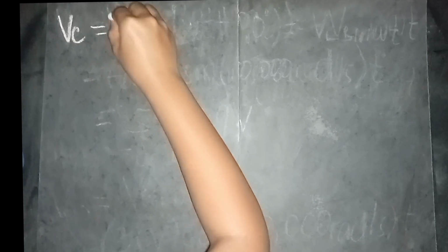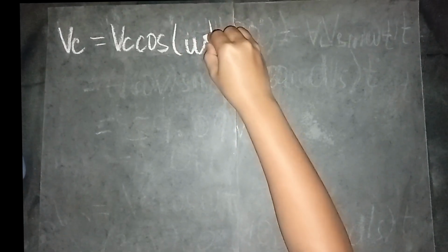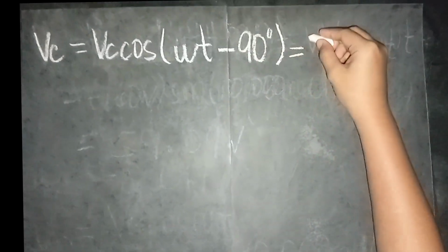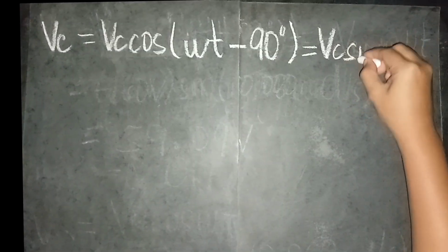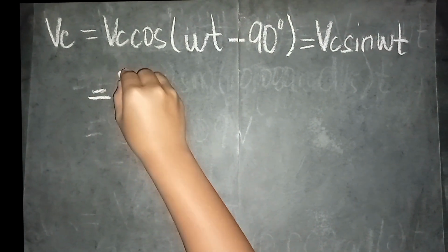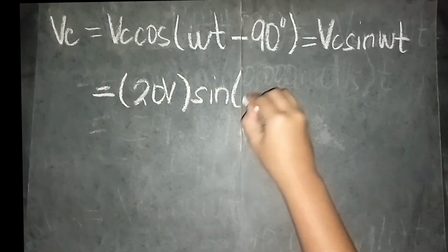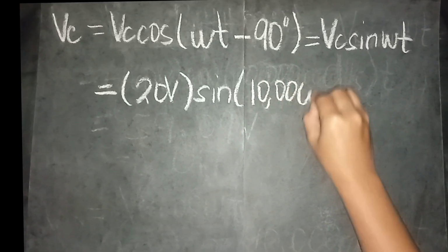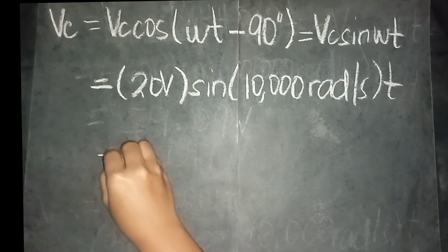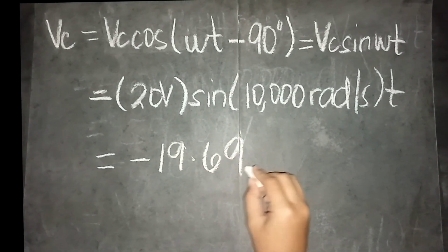So the formula we're going to use is this: 20 volts sine 10,000 rad per second times time is equal to negative 19.69, or 20 volts.